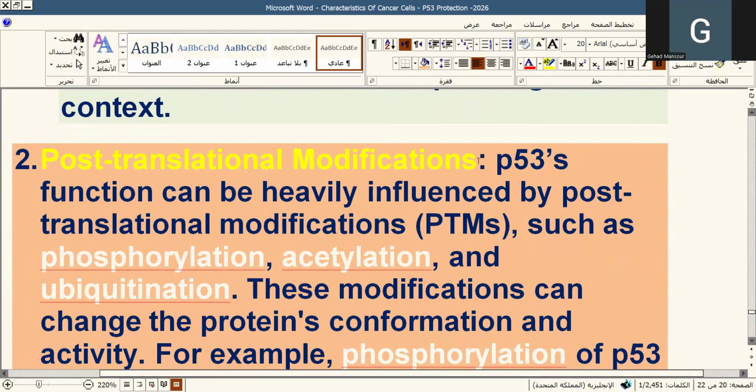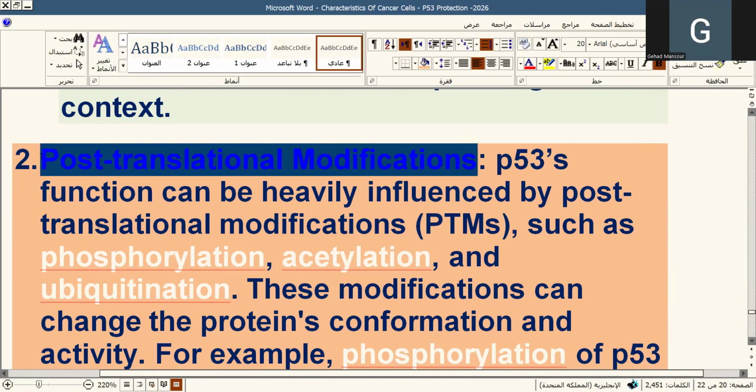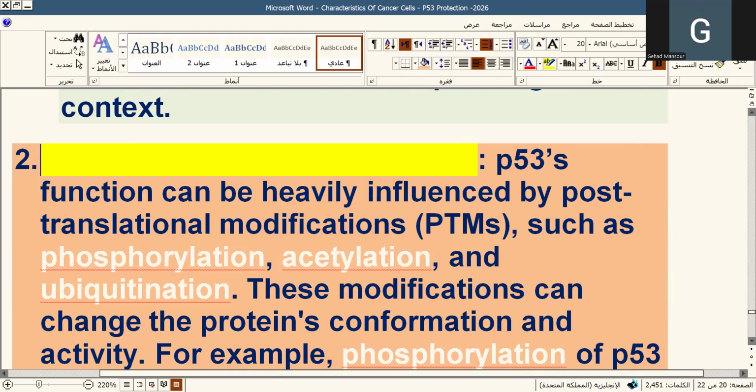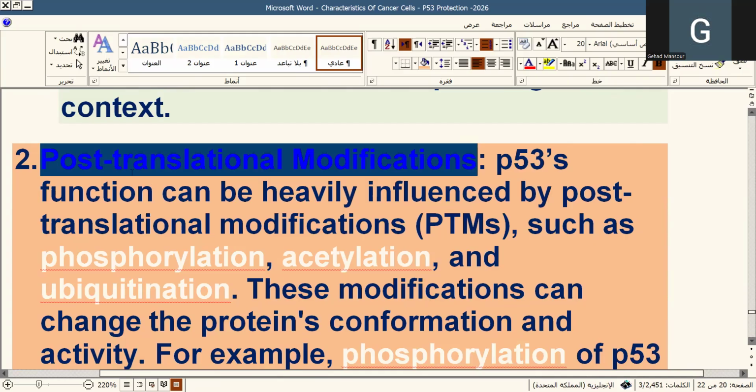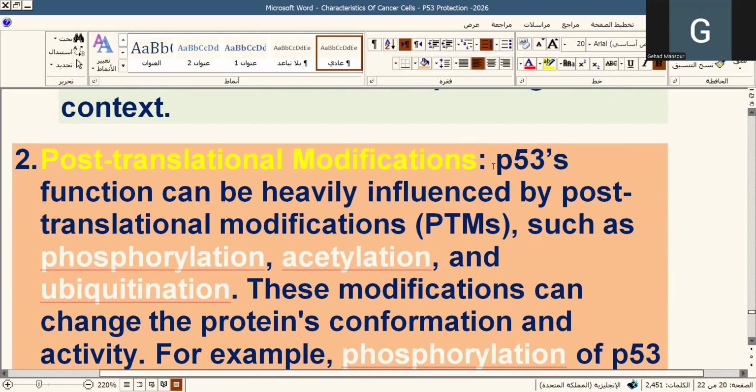When we explained this before in a previous video on molecular biology, when we talked about the regulation of gene expression in eukaryotes, we said that there are several different levels of regulation of gene expression, or the way the gene is translated into a protein. Some variations come from modifications that occur after translation of the proteins, which we call post-translational modifications.